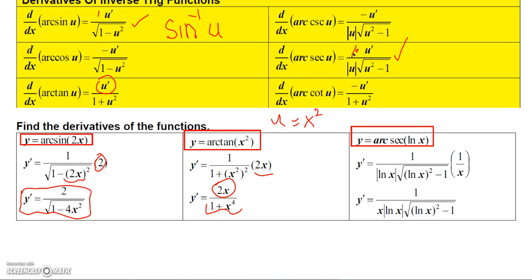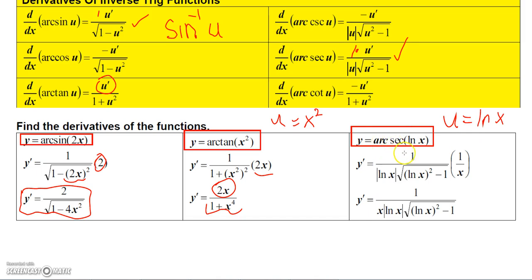So this is going to be 1 over the absolute value of u times the square root of u squared minus 1. Now in this example, u is actually equal to natural log of x, because natural log of x is the argument of my arcsecant function.